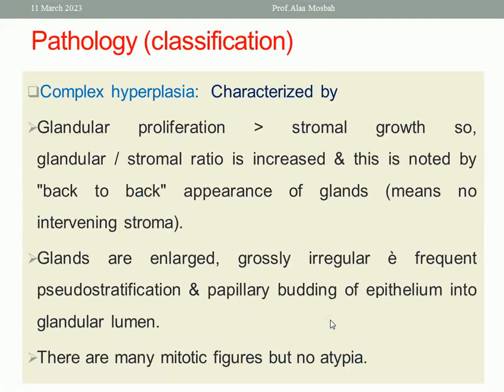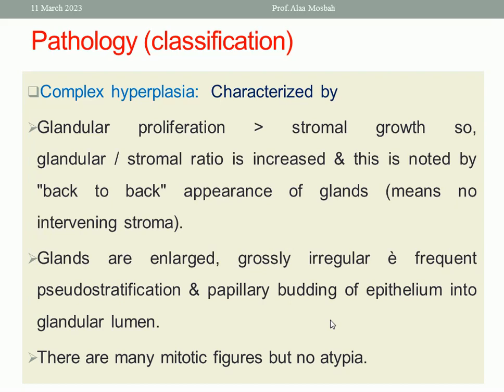Complex hyperplasia: there is glandular proliferation more than stromal growth. So the glandular stromal ratio is increased, because proliferation of the glands is more than stromal growth. With these increased glands, there is a back-to-back appearance, with no intervening stroma because of the enlarged proliferative glands.